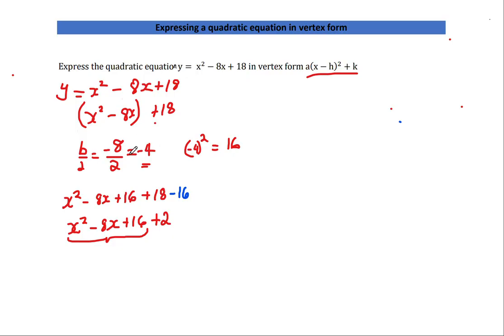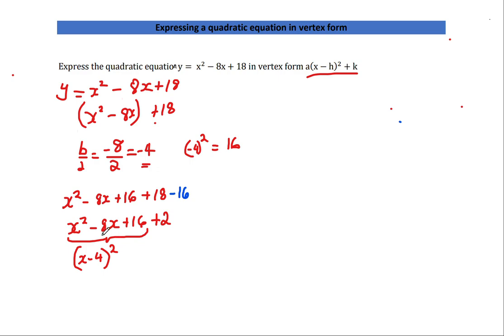But in this case, because b over 2 is negative, the factors are simply going to be (x - 4) all squared. If our answer here was a positive 4, then the factors of this quadratic here would have been (x + 4) all squared. But because it's negative, it will be (x - 4) all squared.